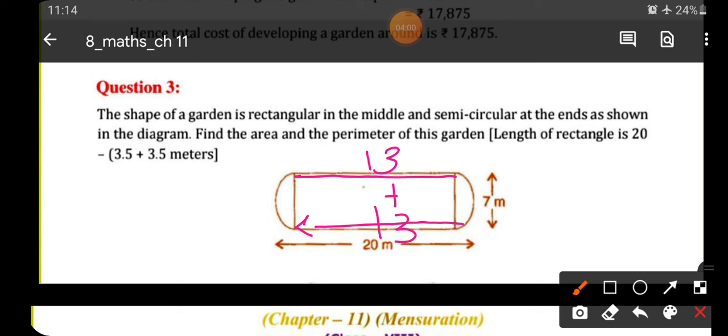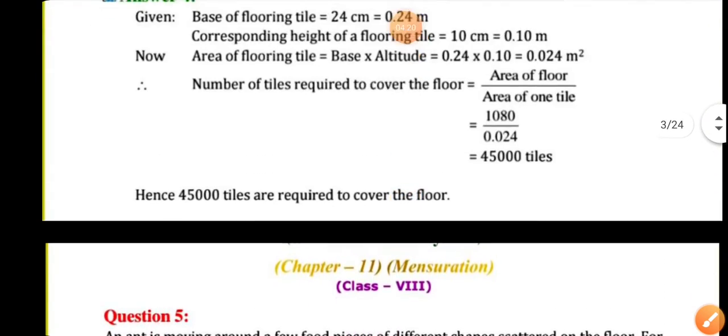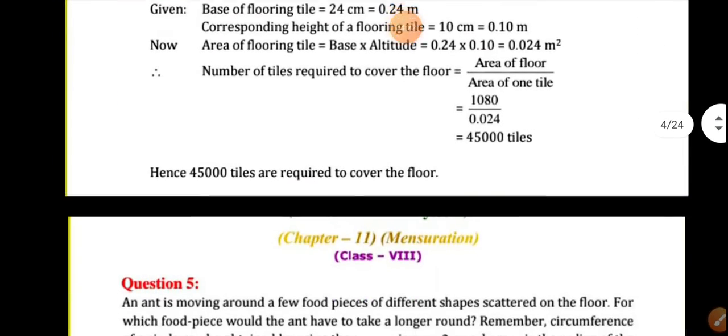Okay. Both we have to add. Now to find out the perimeter, we should add this perimeter, this length, not this line. Okay. So what is the circumference? We got here 22, both these sides. This both sides length is 22. So 13 plus 13 plus 22. That is the perimeter of a full garden.